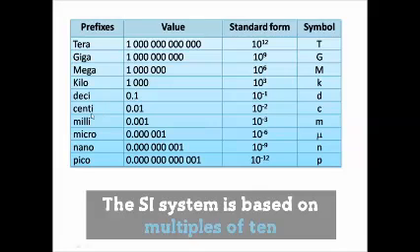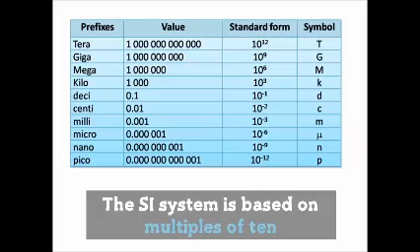On the other hand, if you go down the list here, centi means 100th. So then 1 centimeter is 100th of a meter. Over on the far right here, you'll see the symbols that you can put in front of the base unit for each of those.